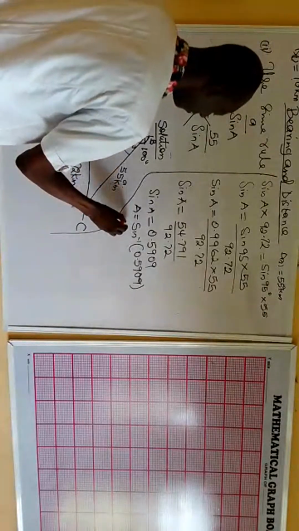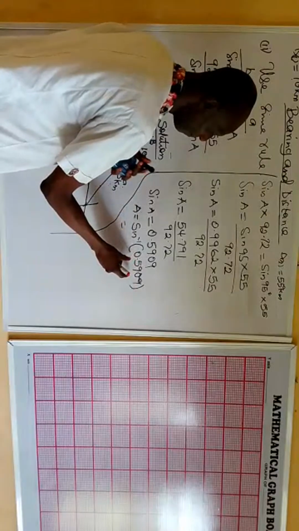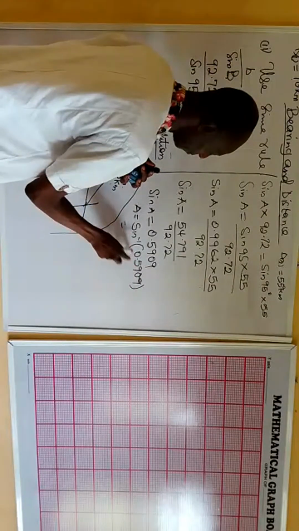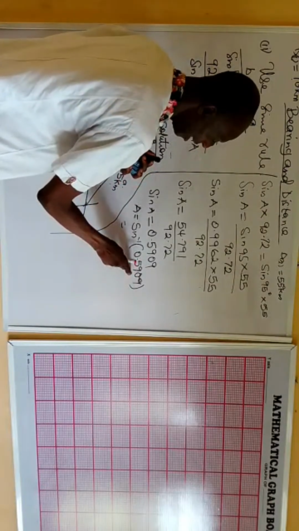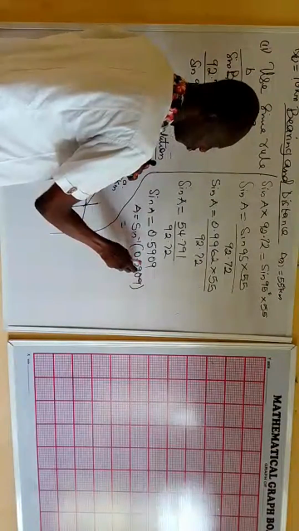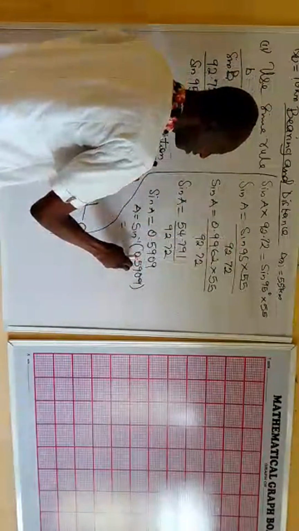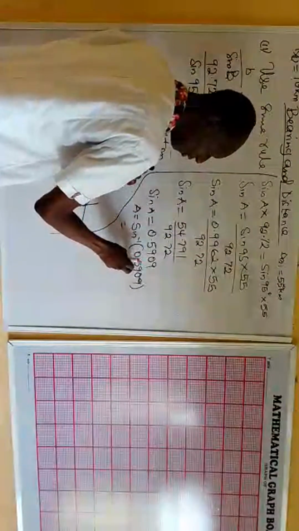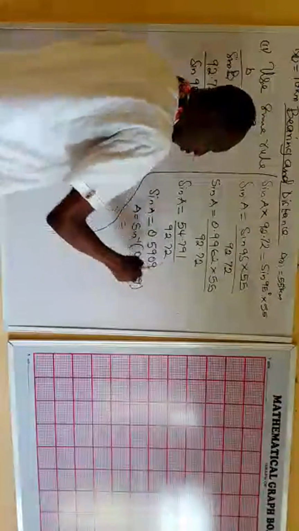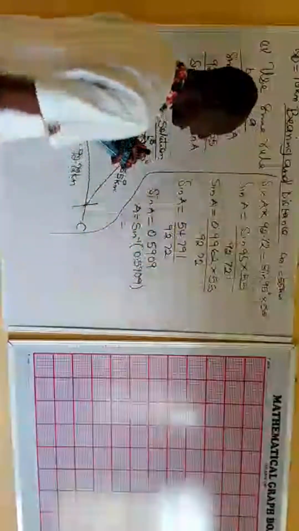Now, if you want to use your four-figure table, you will go to the body of the table, look at this value. If you don't get it, you will get what is close to it. Then you trace it to the angle and subtract what is close, then go to the difference column, take it up, and you will get your answer.